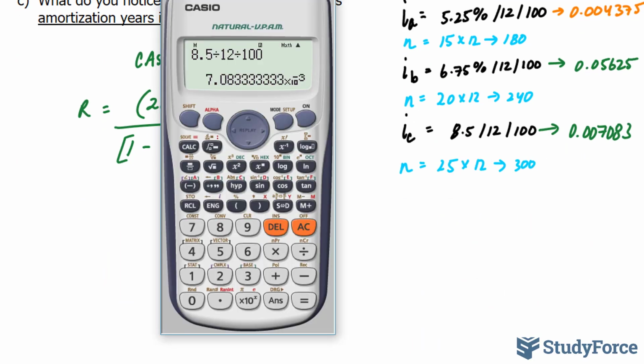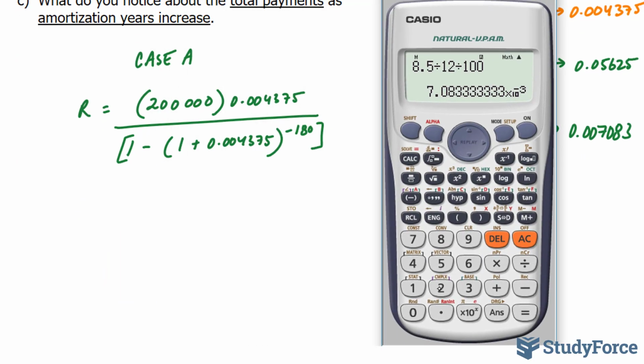So I'm going to use my calculator now. 200,000 times 0.004375 divided by 1 minus 1 plus 0.004375 to the power of negative 180 gives me $1,607.